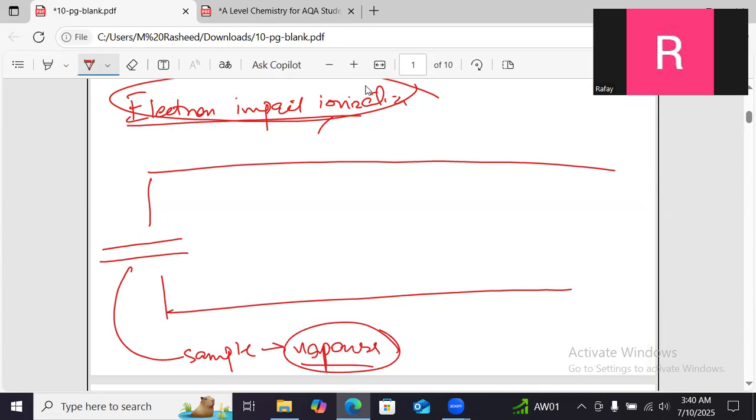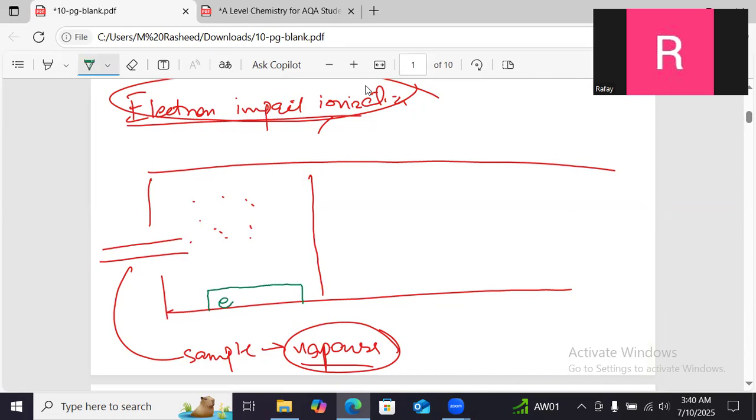Sample should be vaporized first, and then these vaporized samples are now placed in ionization chamber. Then through an electron gun, over here, there will be an electron gun, or you can say anything that can provide electron. It can be metal filament or anything that can provide electron.